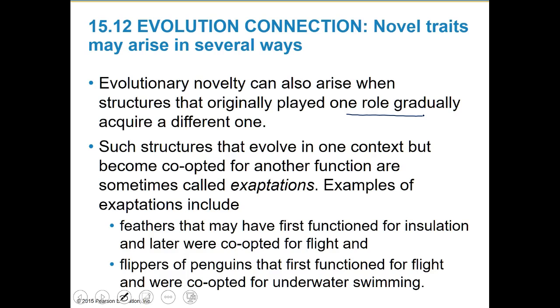And then flippers of penguins that first functioned for flight are now co-opted for underwater swimming. So an exaptation is just acquiring another function. I really think penguins is a good one, because they're not really into the whole flying business. They're more for swimming, and so those fins have been exapted for swimming.